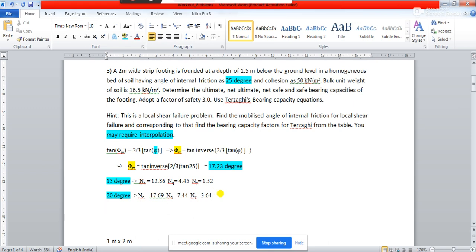So linear interpolation means what? For the difference from 20 degree to 15 degree, 20 minus 15 is equal to 5 degree difference, how much is the difference in value for NC? First you find out.